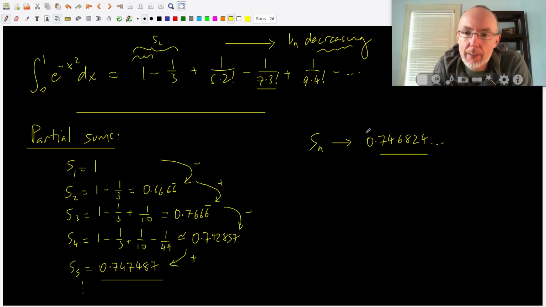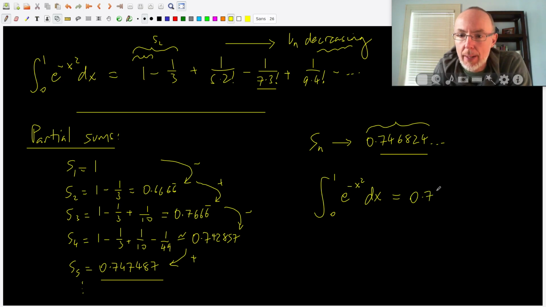But in terms of a limited approximation, 0.746 is pretty good, and you can see we're almost there at this point. And what that means is that the integral between 0 and 1 of this exponential, e to the minus x squared, is about 0.746824 at least to 6 decimal places.